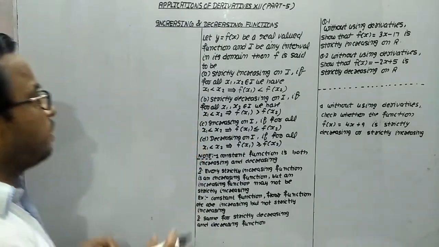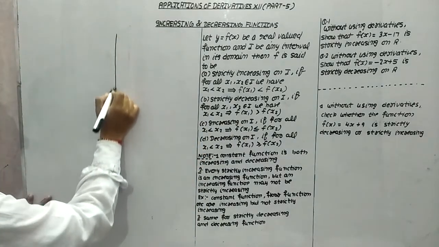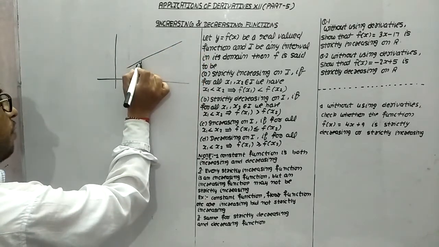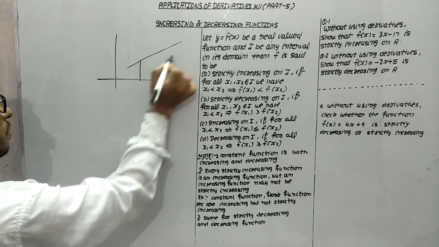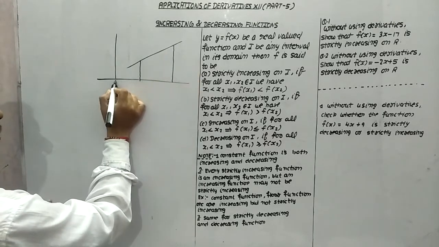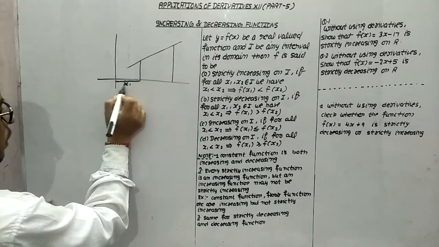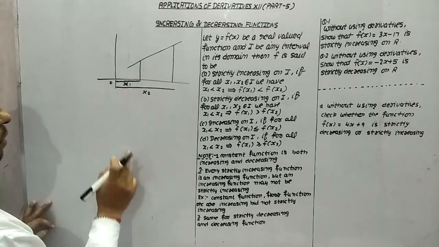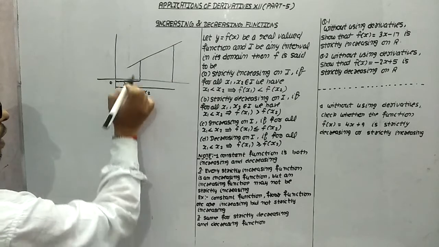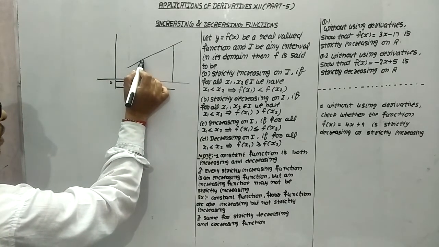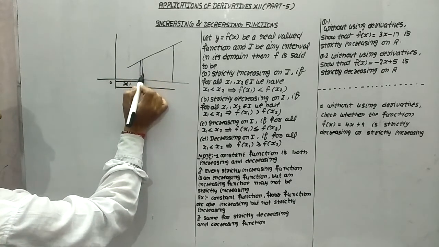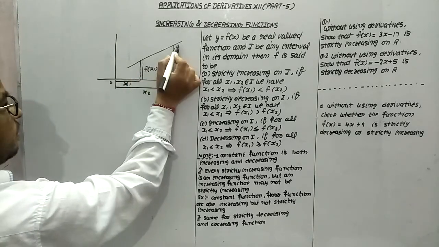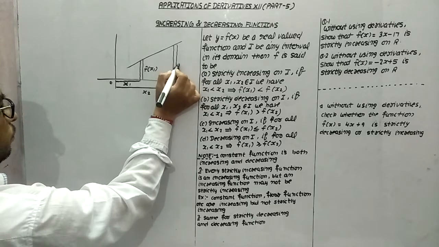To understand this, let us suppose this is the graph of a function y = f(x), and we are taking these two points, x1 and x2, on the x-axis. Now we have y = f(x). It means this length will be f(x1) and this length will be f(x2).